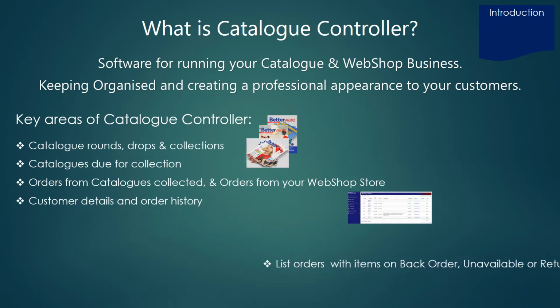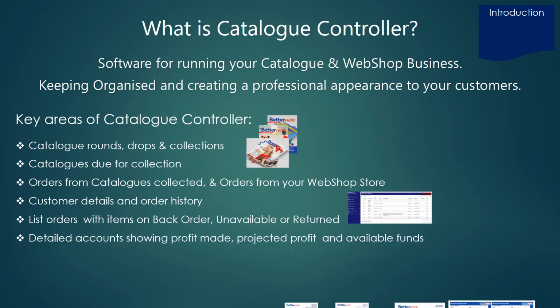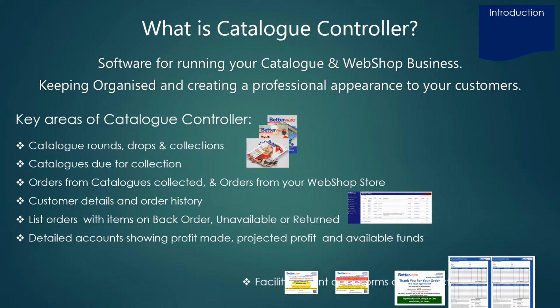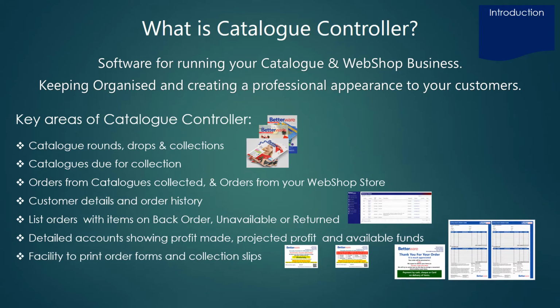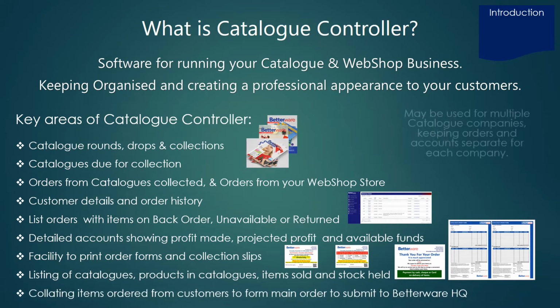To have a record of items on back order, unavailable items or returned items. Detailed accounts showing profit made and available funds, facility to print order forms and collection slips, listing of catalogues, products in catalogues, items sold and stock held, collating items ordered from customers to form a main order to HQ, may be used for one or more catalogue companies, keeping orders and accounts separate for each company.